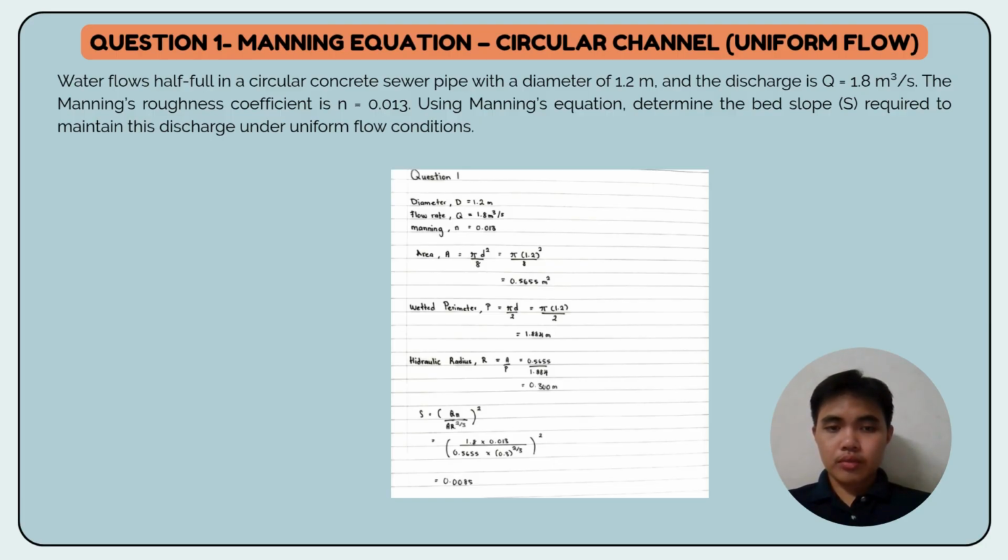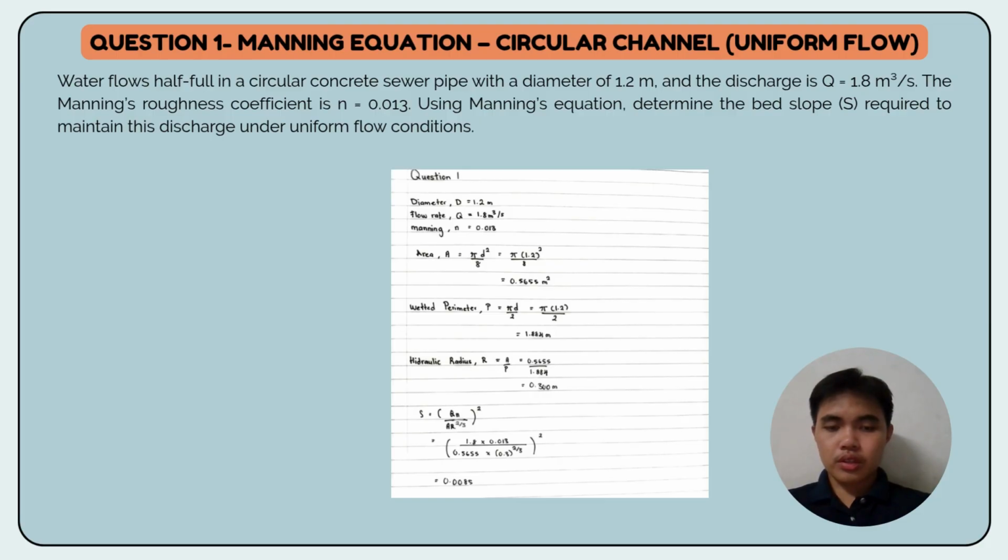Next, the wetted perimeter. Pi times 1.2 over 2, and we get 1.884 meters. For the hydraulic radius, we use A over P, so 0.5655 over 1.884 equals 0.300 meters.